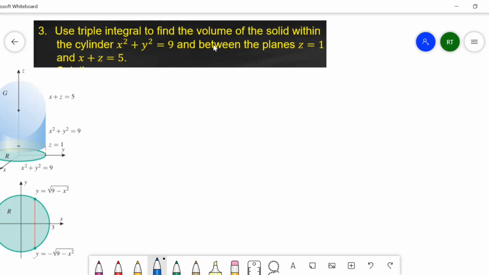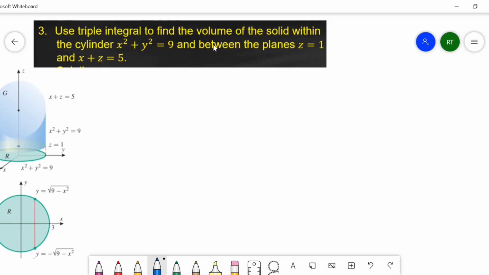So we can just project it to have the circular cylinder, bounded below by z is equal to 1 and above by x plus z is equal to 5.